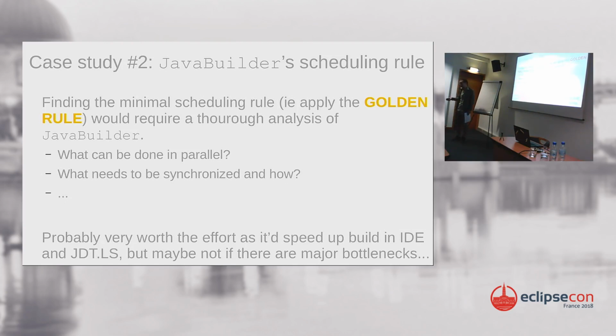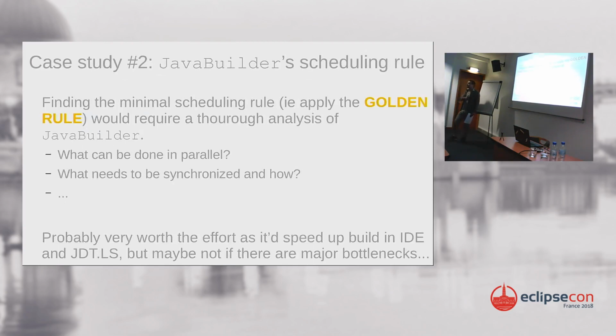And we'll make this huge effort, very likely, because with JDT-LS getting to the cloud, cloud providers have to pay the bill for computing, and you'd like to pay a smaller bill and reduce computing time. It's going to be a very interesting challenge if you're into Java build and parallelism. That's one of the funkiest tasks you can think about for the next months.